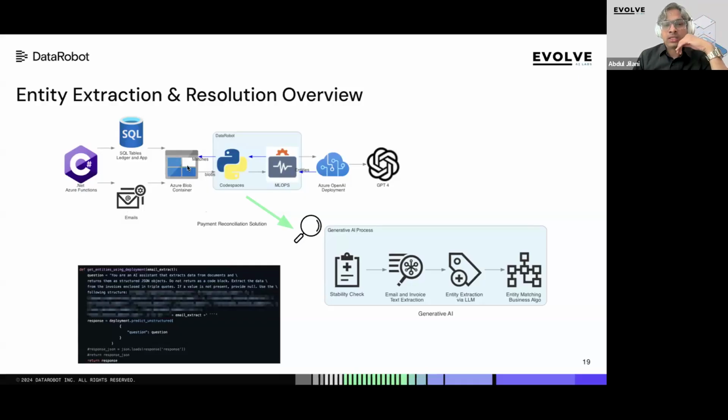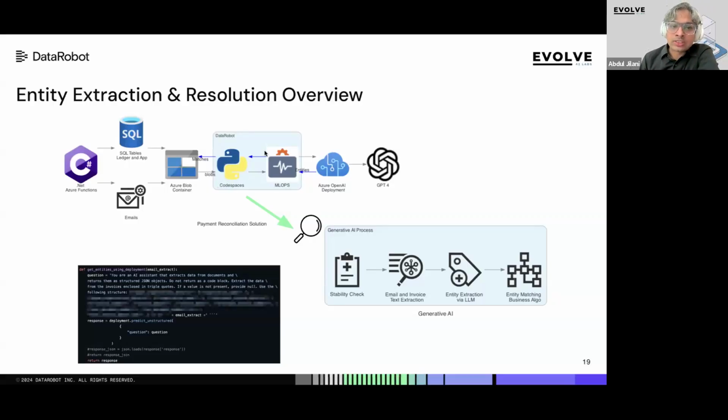Then another function will just pass the Azure blob container details for DataRobot to pick up, and DataRobot will ingest all those files and use its MLOps framework and the deployment to send data to the Azure OpenAI deployment, which has the GPT-4o model, and get the output from the LLM, and then process it, and then write the golden records back to the Azure blob container.